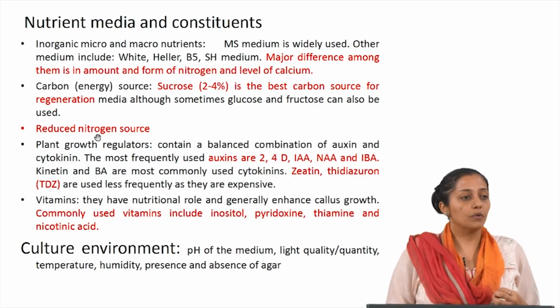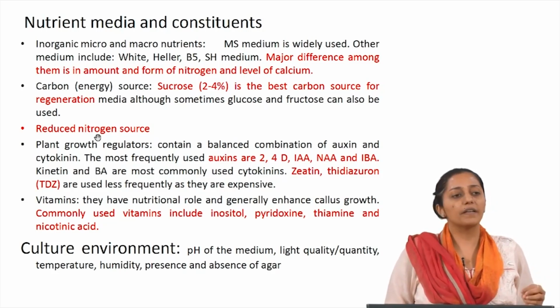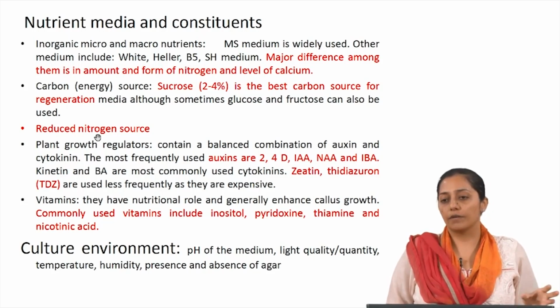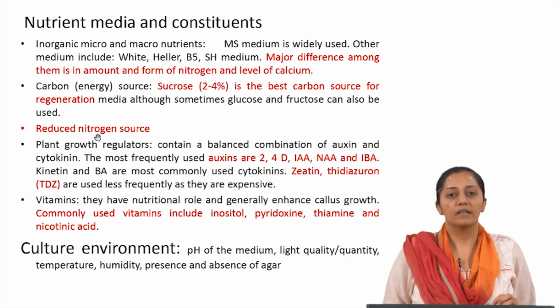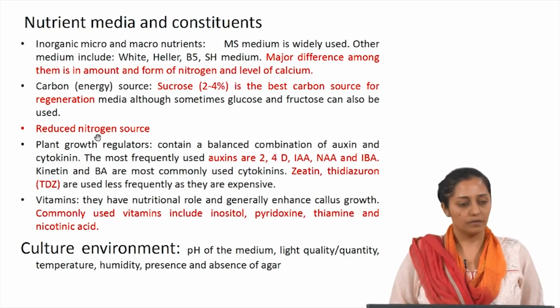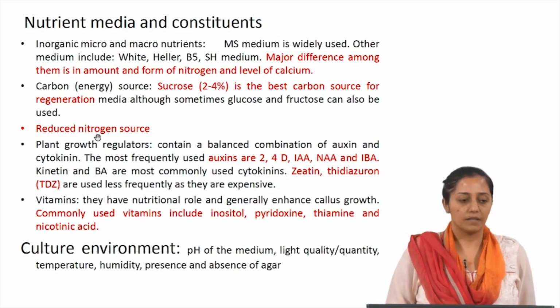Or if you can increase the concentration of auxin. So, although dependent on species, in general it may be noted, if no information is available, these things can be tried, and the rest of the environmental factors anyways can play a role in generating these organized structures. Okay, that's it. I will stop here today.